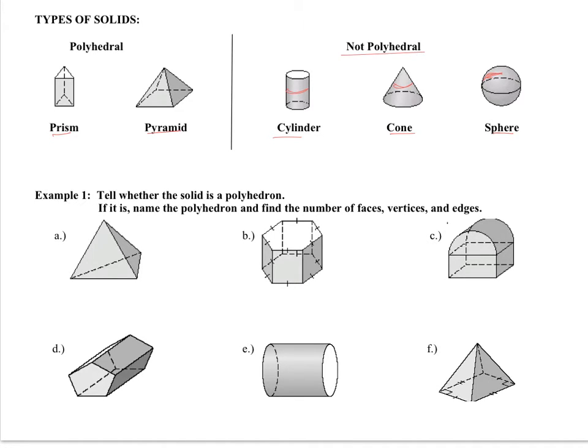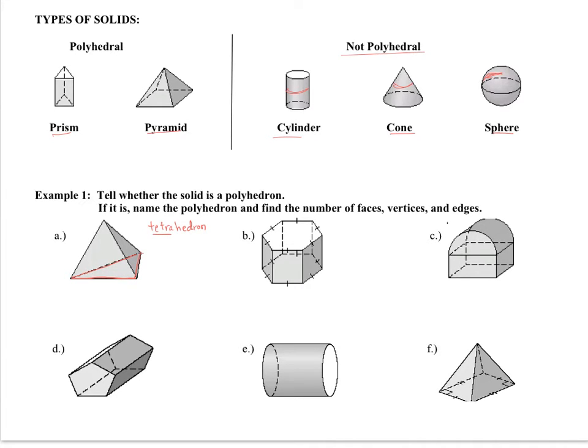Tell whether the solid is a polyhedron. If it is, name the polyhedron and find the number of faces, vertices, and edges. So first of all, for the first one, we will call this one a tetrahedron because it has a triangular base, that's why we use tetra.